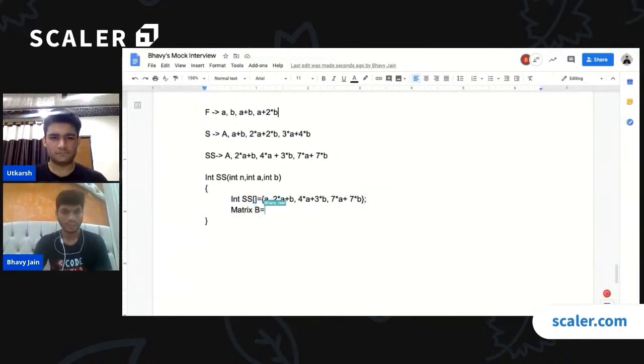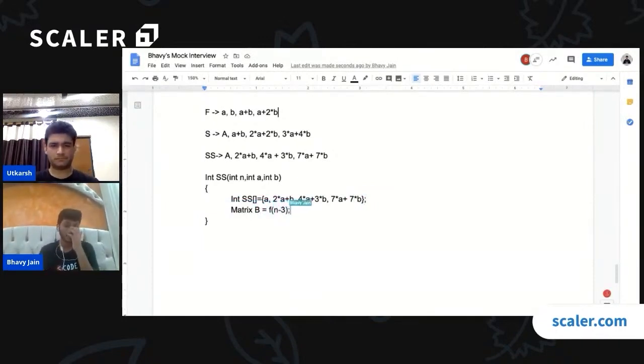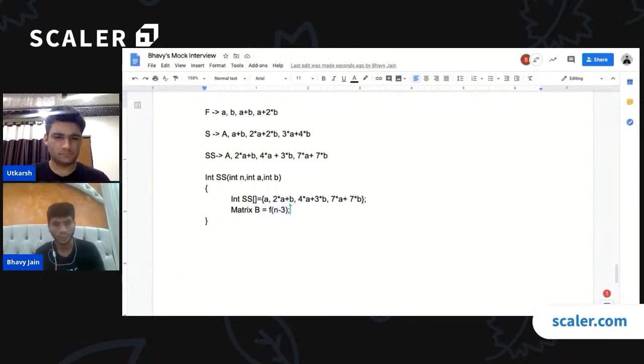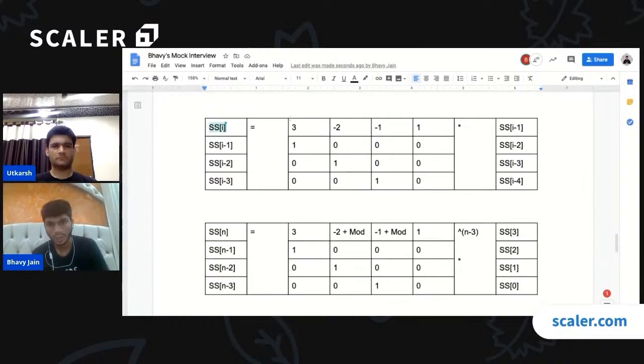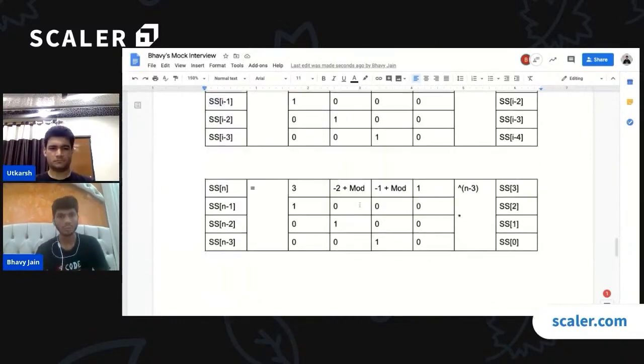B is F, n minus 3, because we need to find the power n minus 3 in this case. To get the nth number, we need the value at the first row. So if we've got this matrix, this should be A00 into SSI minus 1 plus A01 into SSI minus 2, A00 into SS of 3, A01 into SS of 2. So let's loop from 0 to 4.